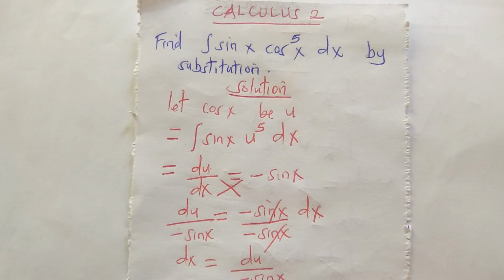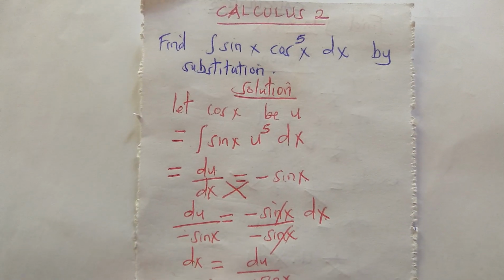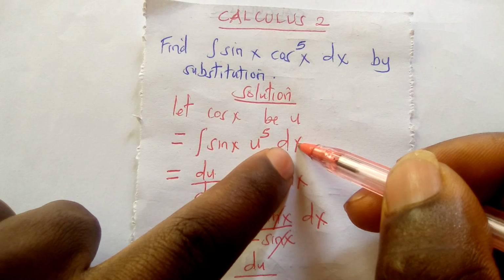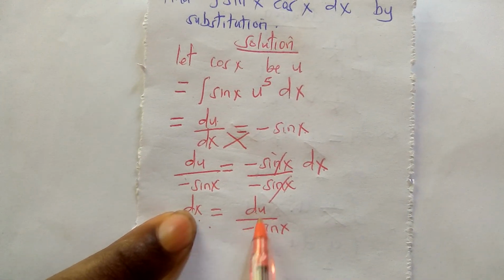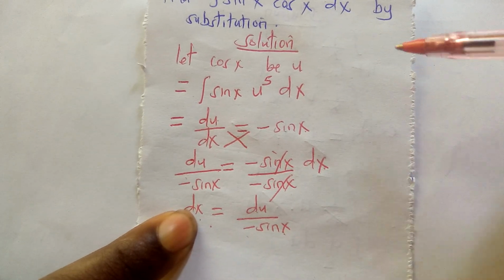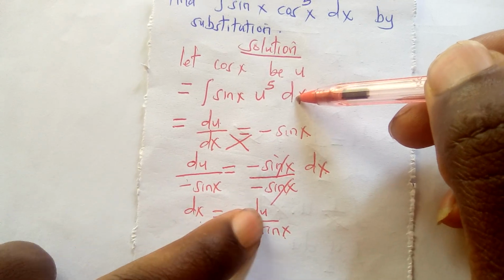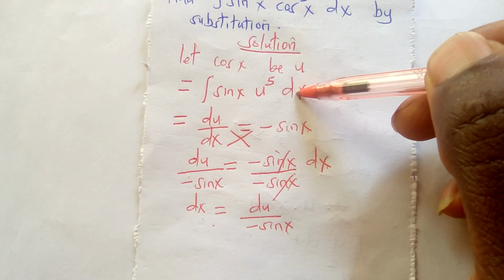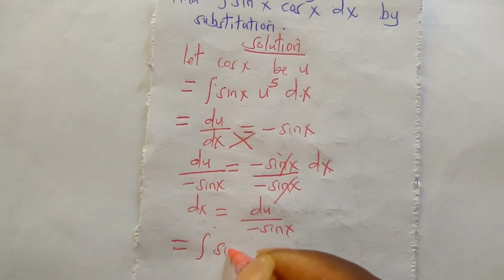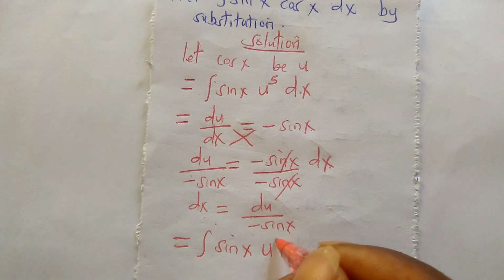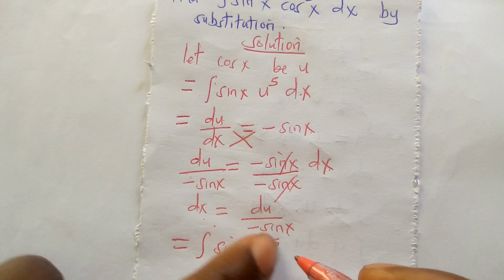Now the main reason why it is called the substitution method is from here. Remember here I was having dx, and already I've gotten dx to be du over negative sine x. So your work is to substitute where dx is with du over negative sine x. That is it. So I'll come here and say that is equal to the integral of sine x u raised to 5 dx, and my dx is du over negative sine x.